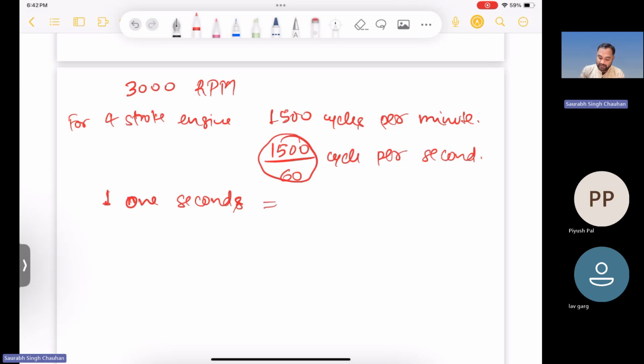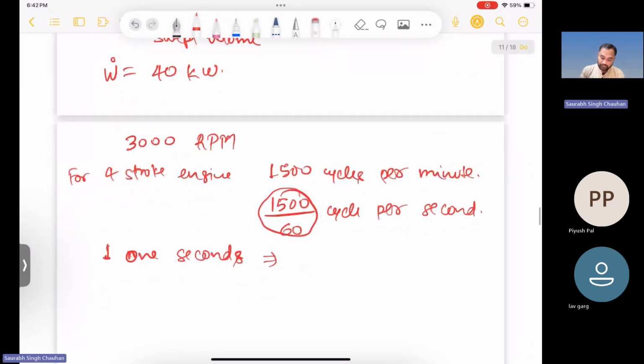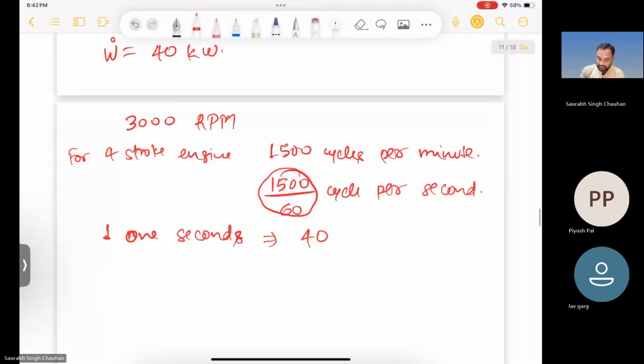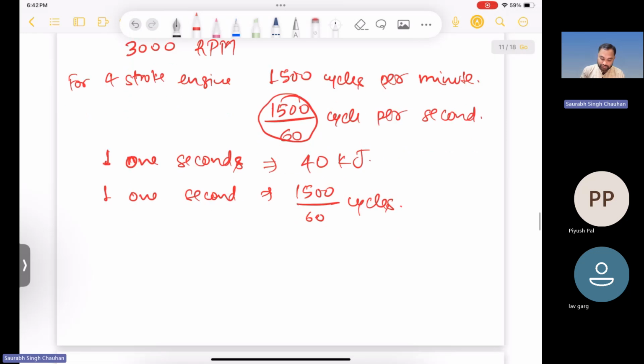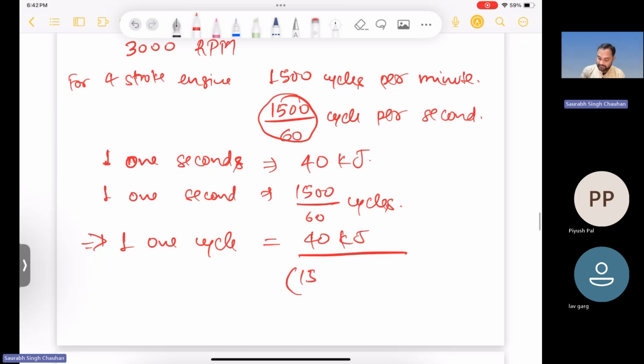So in 1 second, how much work is produced? 40 kilojoule, right? And in 1 second, there are these many cycles, right? So in one cycle, how much work will be produced? It will be 40 kilojoule divided by this quantity, right?